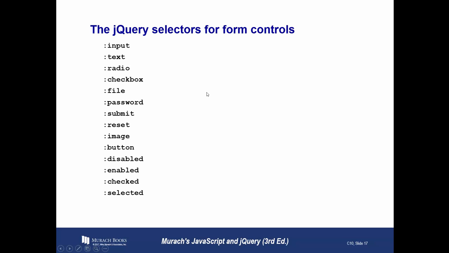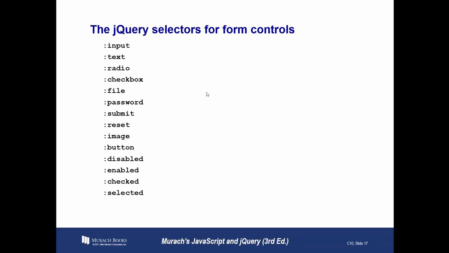Shown on page 297 in the book are some of the jQuery selectors for form controls. Again, I'm not going to read all these. All right. jQuery provides special selectors for selecting the controls on a form.